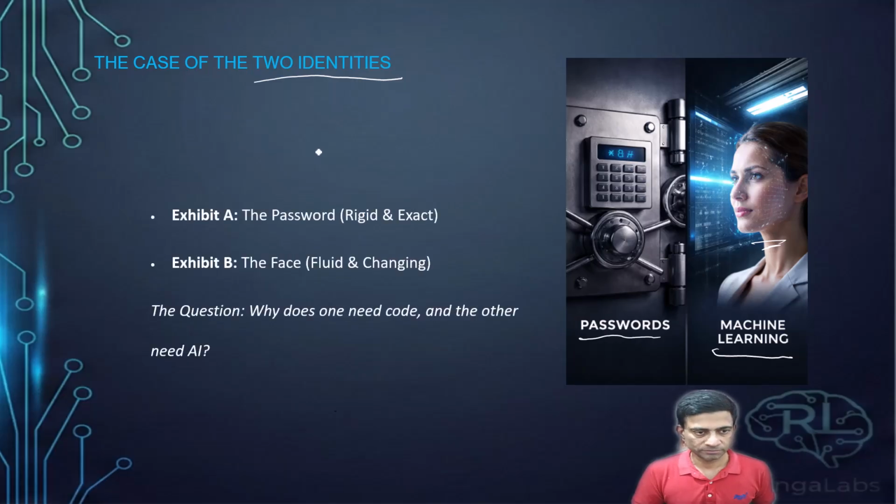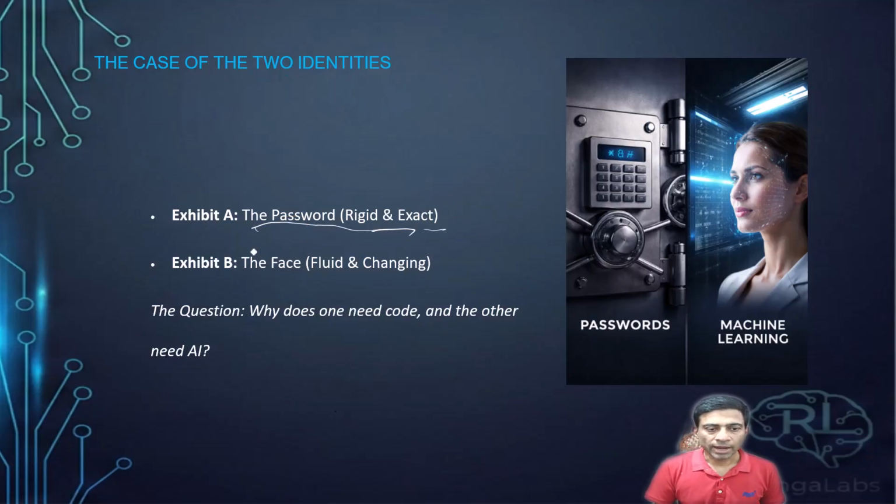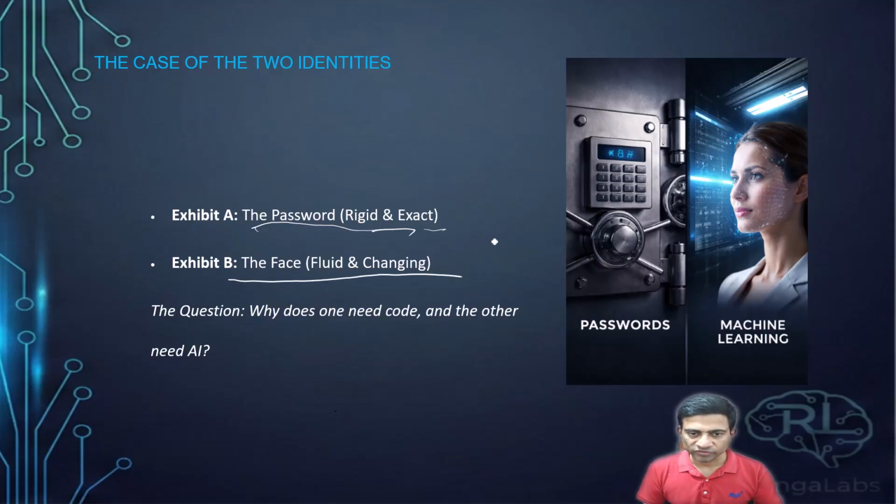The password, as I mentioned here, is rigid and exact, and exhibit B is the face, which is fluid and changing. You might be able to identify the same face, but for the machine, every lighting change and every hair change makes a separate face.